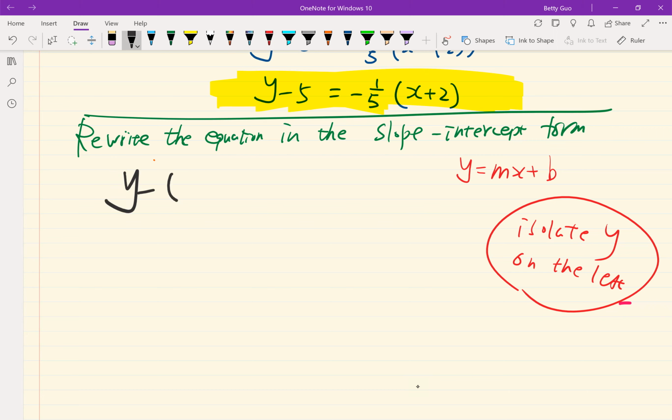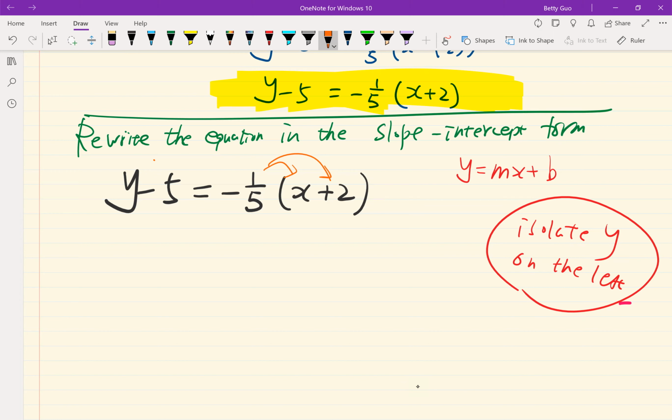The equation is y minus 5 equals -1 over 5 times x plus 2. You want to distribute first, right? Distribute first. -1 over 5 times 2.